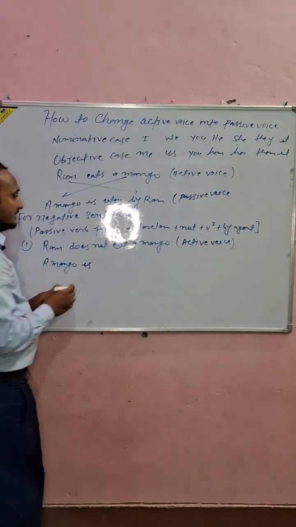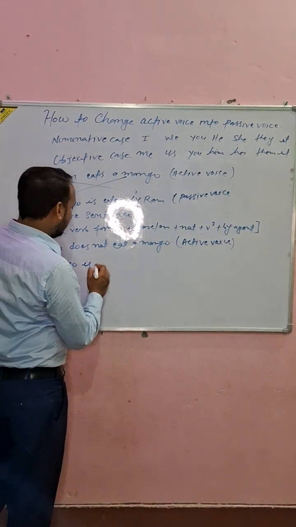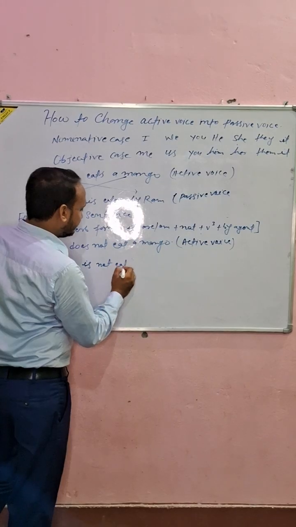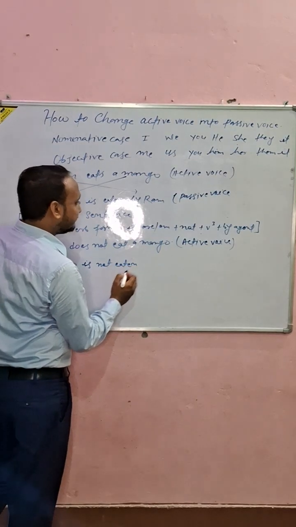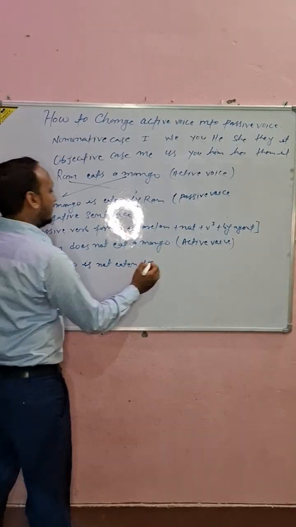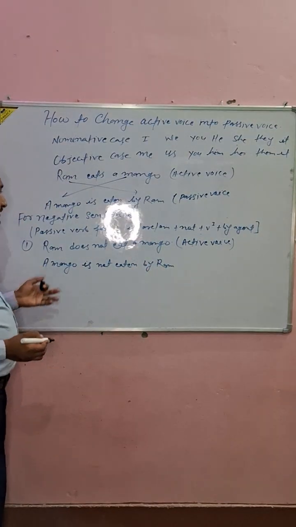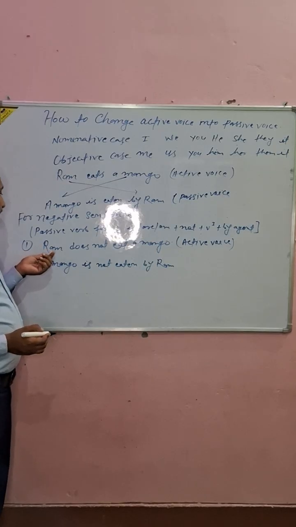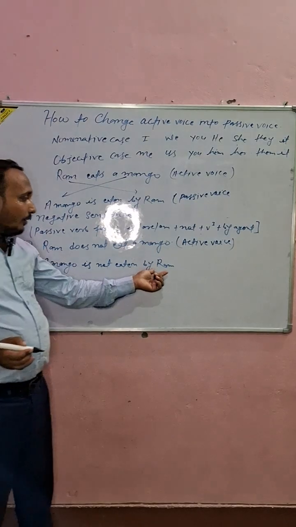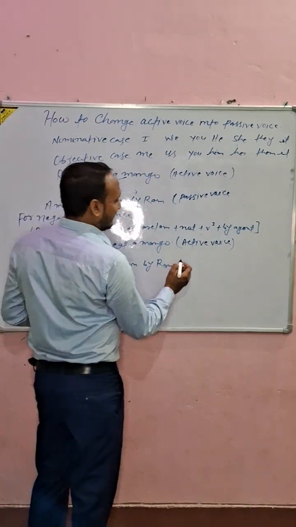Here a mango is a singular subject, so we can use the auxiliary verb is, and after that not, because it is a negative sentence. Mango is not eaten by Ram. Just before, I told you, always the subject of an active voice is used as the object or agent of a passive voice.